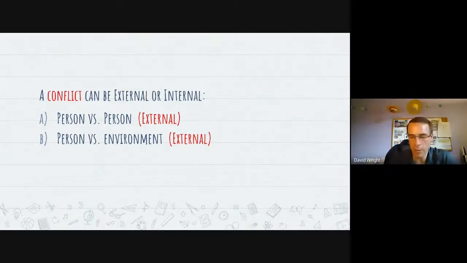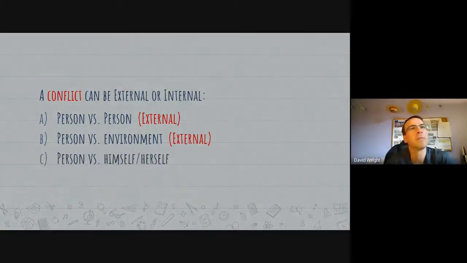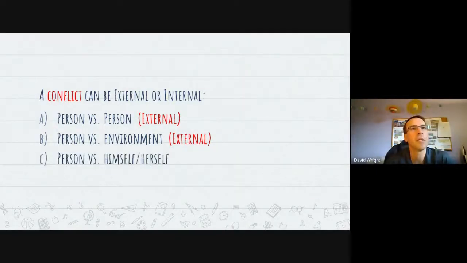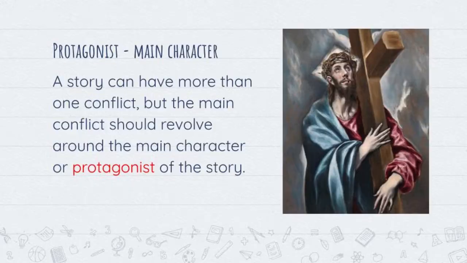So it's an external conflict. Person versus himself or herself. Do you think this is an internal or external conflict? Internal. You got it right. That's because the himself or herself, that person is inside you and you're having a conflict with a person inside yourself, with your own self. So we call that an internal conflict.